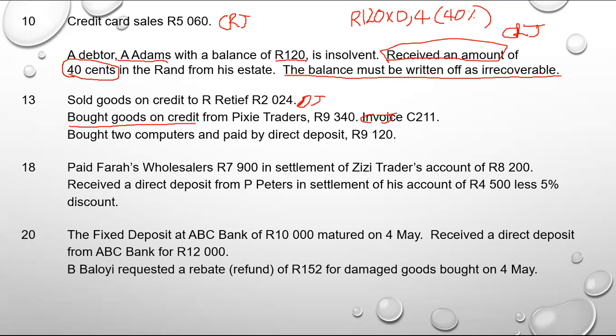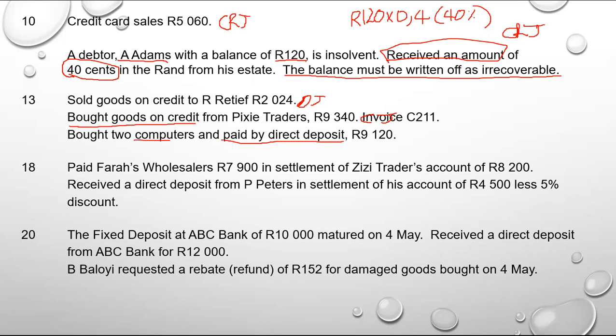Because sometimes I can say that they bought two computers and paid 9,120 for each computer. So that means you didn't pay 9,120 in total. You paid 18,240. You just multiply that by 2. Okay. But because they said paid, guys, that gives it away.